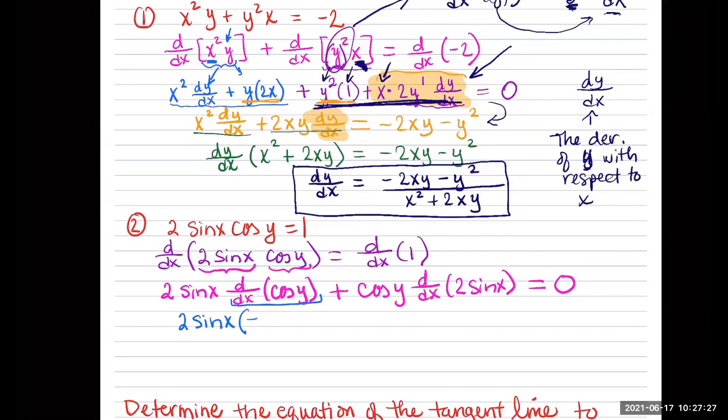Good, minus sine. We evaluate that at the inside function, which was y. But then we have to multiply times the derivative of the inside function, and the derivative of y with respect to x is dy dx. So again, I used the chain rule there.